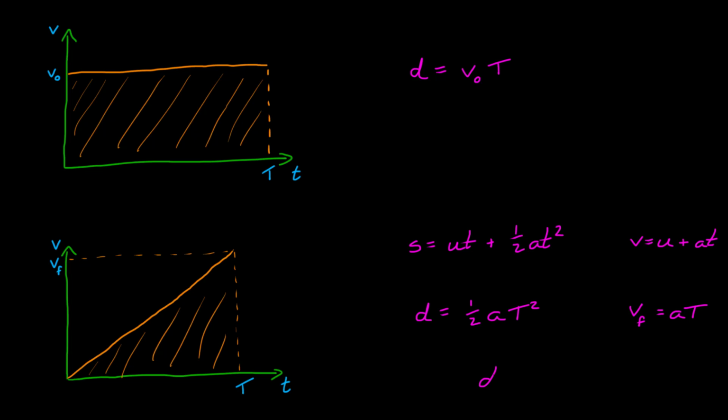Combining these, we get that the distance travelled is equal to half times the final velocity multiplied by the time travelled. If we look at our graph, this is actually the area of a triangle of height Vf and base T. So the distance travelled is indeed equal to the area under that curve.